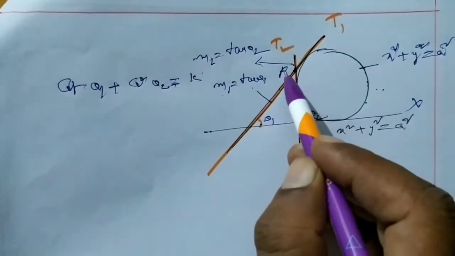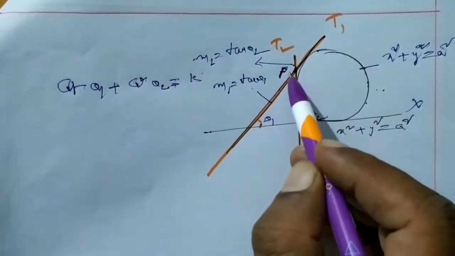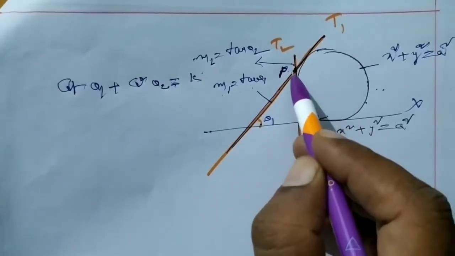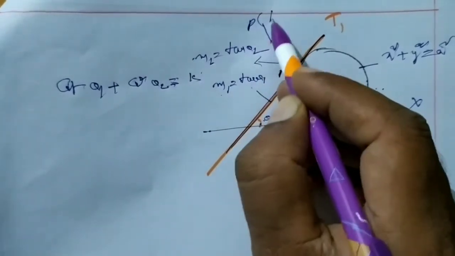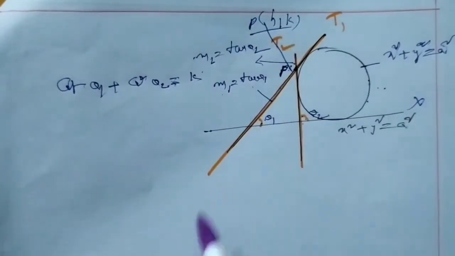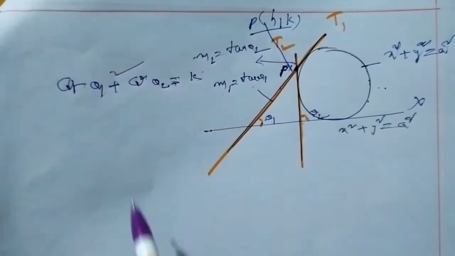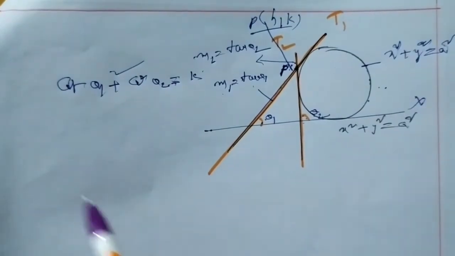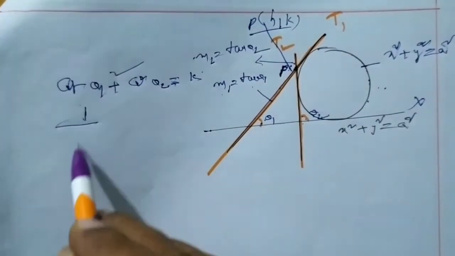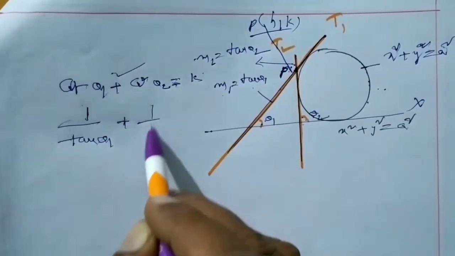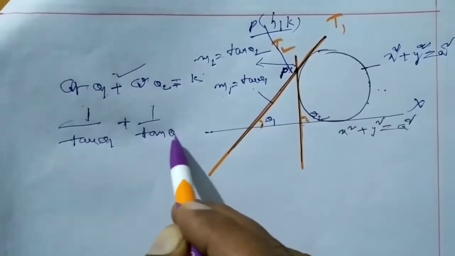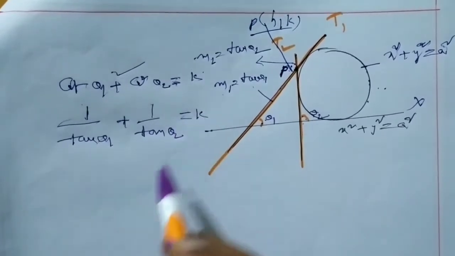Now we need to find out the locus of this point P. Suppose it is P(h, k), we need to find out the locus of this point using this condition. That is our aim. So this can be written as 1 by tan theta 1 plus 1 by tan theta 2 is equal to K.